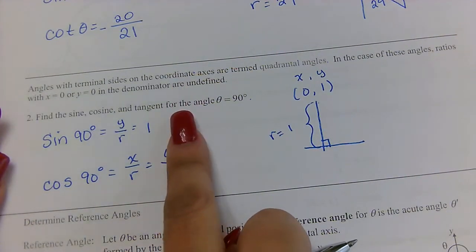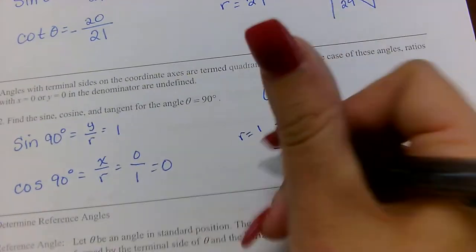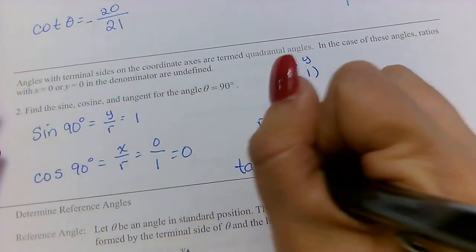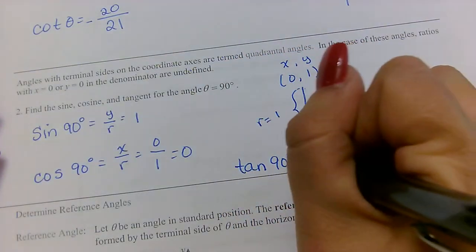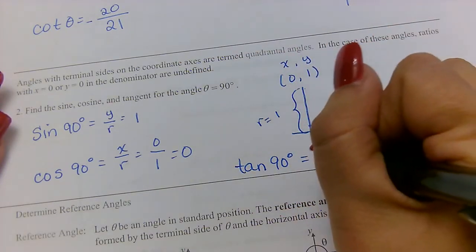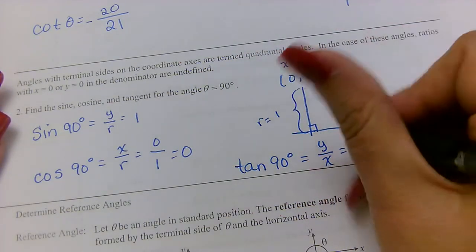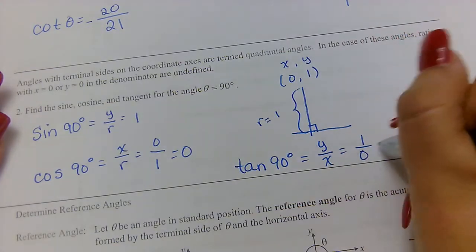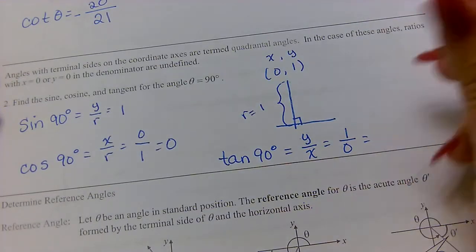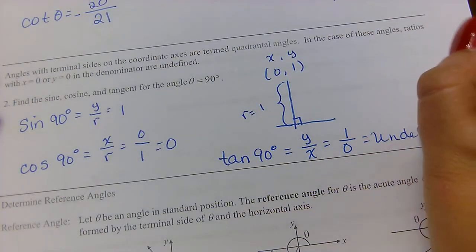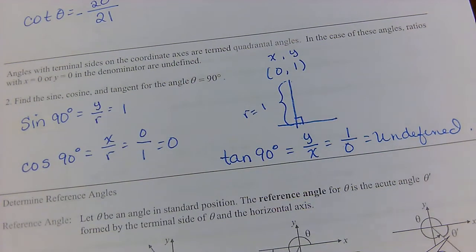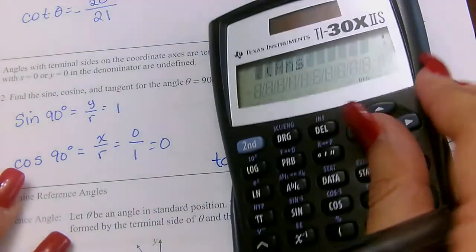Okay, and then let's go ahead and do tangent. Tangent of 90 degrees is going to be y over x. Y is 1, x is 0, and anytime you have a 0 in the denominator, it's undefined. Let me use the calculator to make sure all of these things are true.